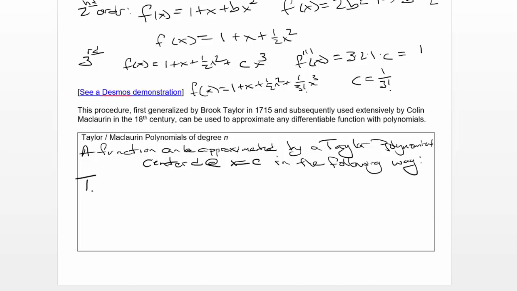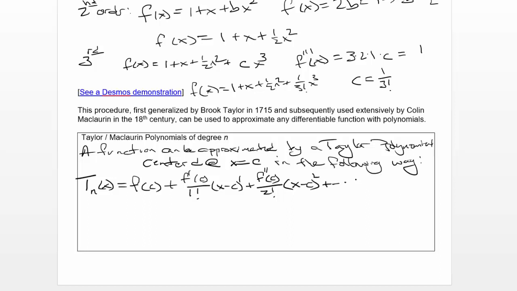We say the Taylor polynomial of degree n that approximates this function uses this exact recipe that we came up with up here. Namely, it will have the value of the function at the center, plus the derivative at that center divided by 1 factorial times x minus the center to the first power, plus the second derivative at the center over 2 factorial times x minus c to the second power.